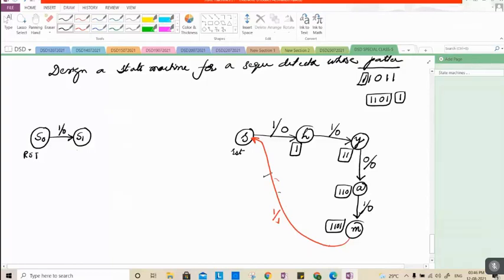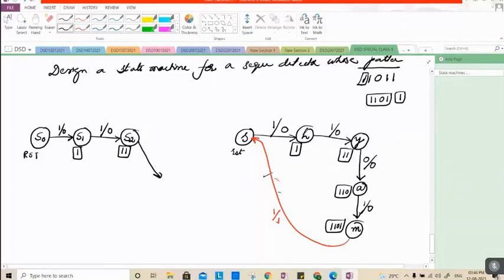Now S1 is a state which says that 1 has been detected. Now S1 moves to S2 whenever the input is 1. Output must be 0. Now S2 is a state which has detected the input sequence 11.